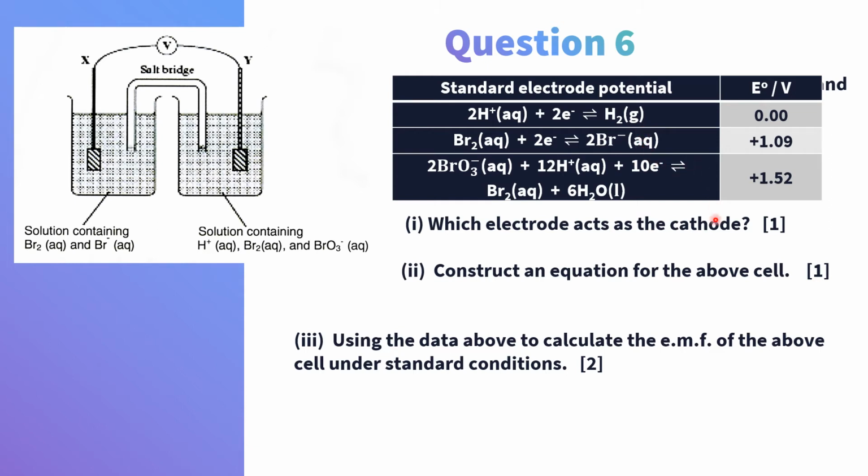The cathode undergoes reduction, so we must look at the potential that is more positive. So we have bromide ion as an electrolyte. So the answer is Y.